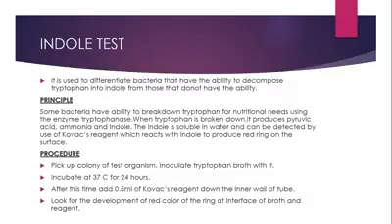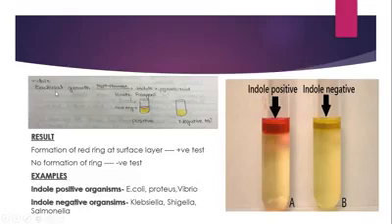Now the principle for this test is some bacteria have the ability to break down tryptophan for nutritional needs using the enzyme tryptophanase. As you can see here, some bacteria that have the ability break down tryptophan, which is present in the broth used for this indole test. With the help of the tryptophanase enzyme, the tryptophan in the broth is converted into indole and pyruvic acid.